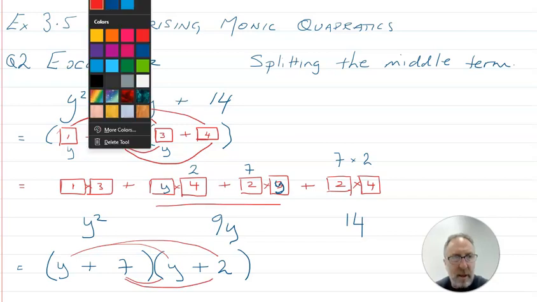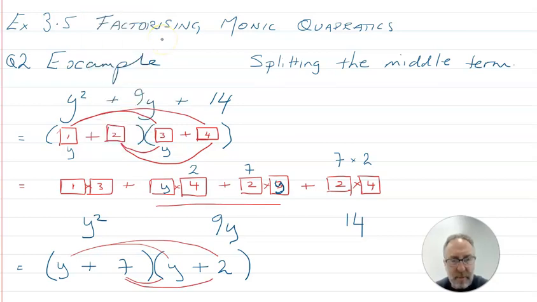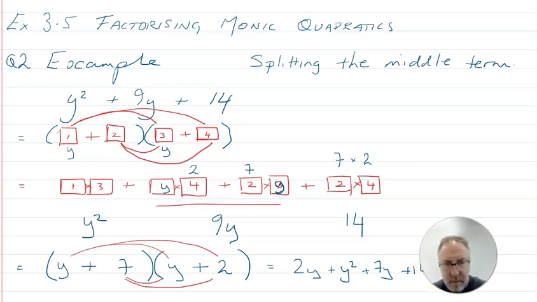So if I undo that, following the arrows, I get 2y plus y squared, and then this 7 times y, and then 7 times 2, which is 14. Anyway, that actually works, doesn't it? So we get 2y and 7y, we get 9y plus y squared plus 14. Not the same order, but it's the same because with plus, it doesn't matter what order we have them in.